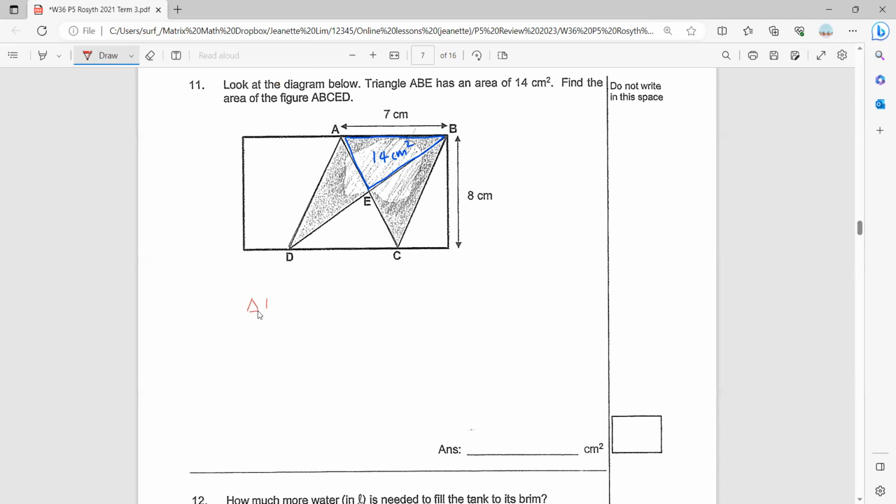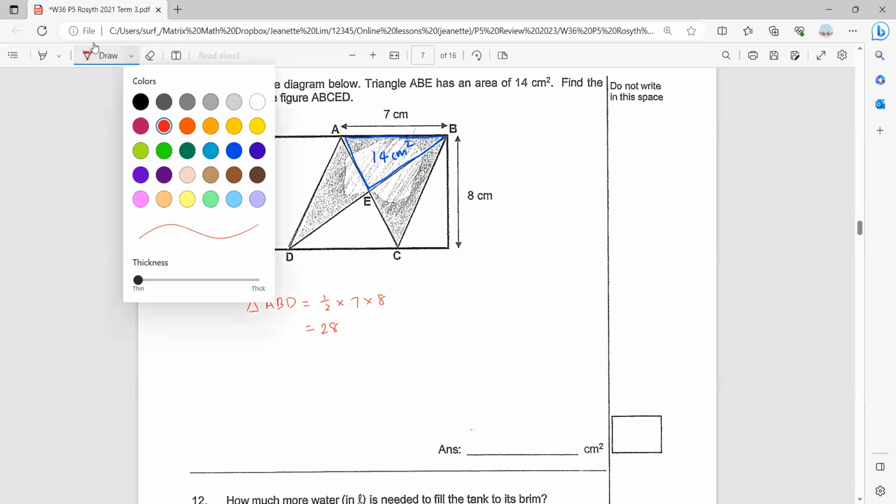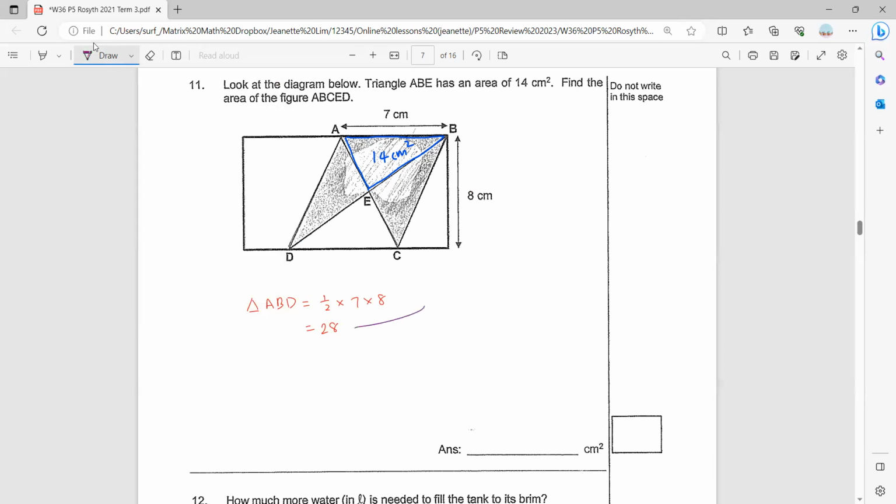Triangle ABD, half times base times height. So this is 28. And this is also triangle ABC. Okay, because ABC also has the same base and height.